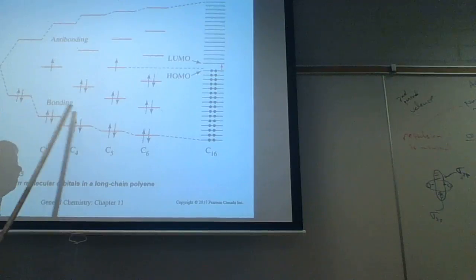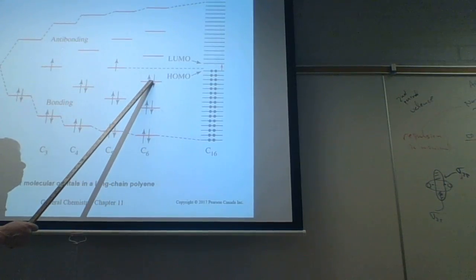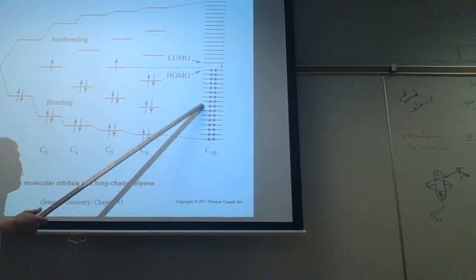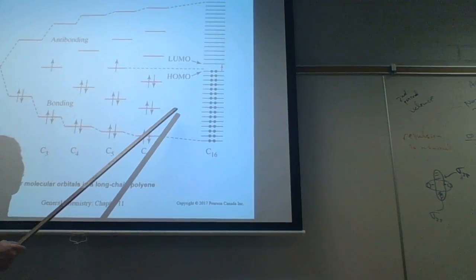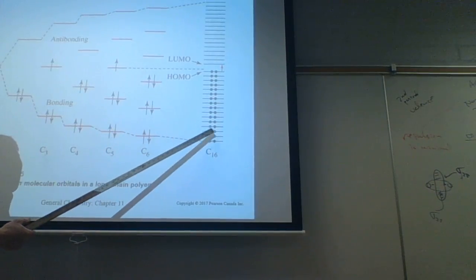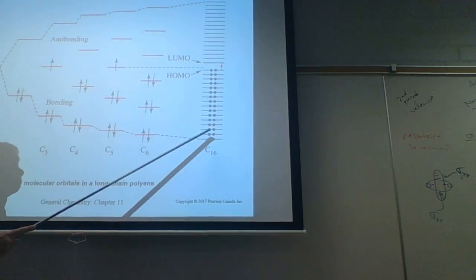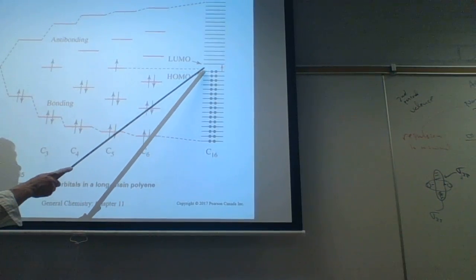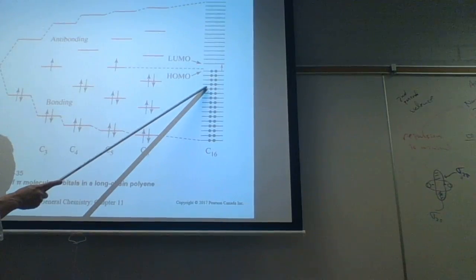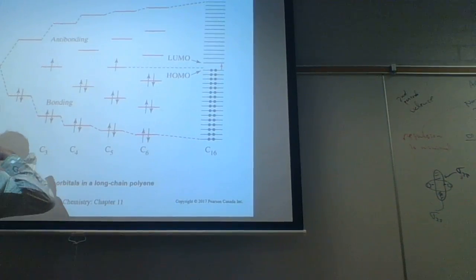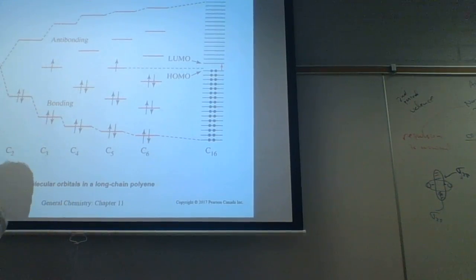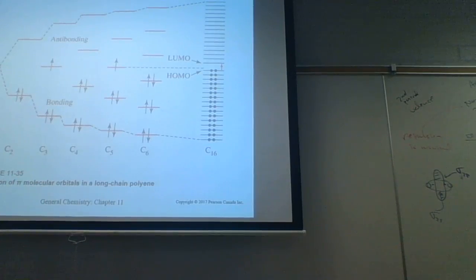So if you take 10 atomic orbitals, we're going to get 10 molecular orbitals. If you take 100 atomic orbitals, we're going to get 100 molecular orbitals. And so for some of these extended systems, we get so many molecular orbitals, they form what's called a band of molecular orbitals. And the band of molecular orbitals is what's used in band theory, like semiconductors and conductors and insulators.